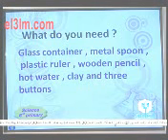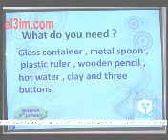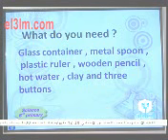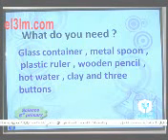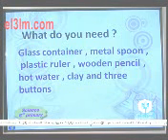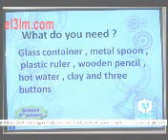The first material is metal, the second material is plastic, the third material is wood, and we will make a comparison between the 3 materials, metal, plastic, and wood, using hot water as a source of heat energy and the clay to fix the 3 buttons.